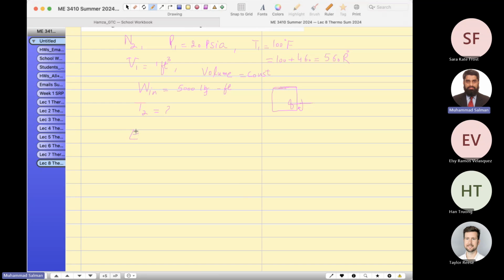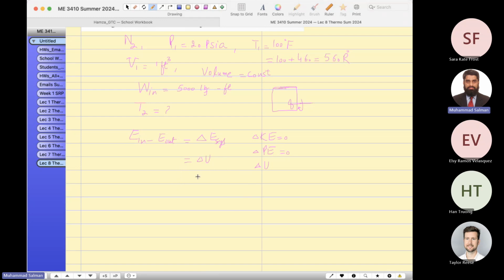First law: energy in minus energy out equals the change in energy of the system. It's a closed system. Don't worry about the kinetic energy, for a closed system it is zero. Change in potential energy for a closed system is zero. Only the change in internal energy will be taken into consideration here.